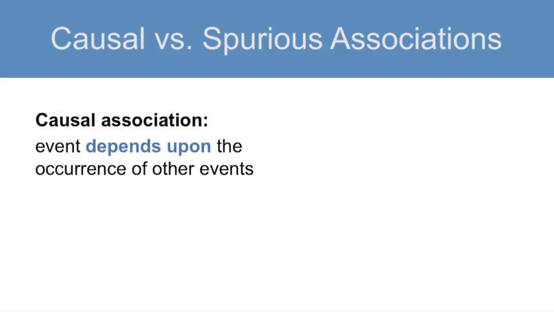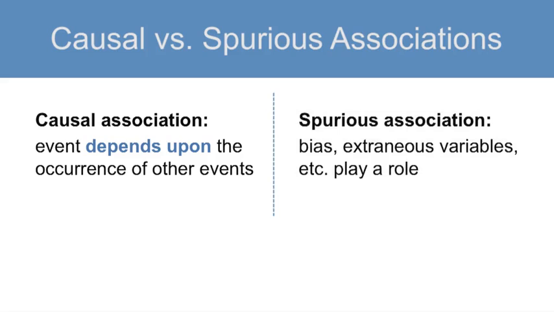When you have a causal association, it means that the occurrence of an event depends upon the occurrence of one or more other events. The event will not happen unless the other events or variables have occurred. When you have a spurious association, it means that bias, failure to control for extraneous variables, such as when there is confounding, misapplied statistics or models, etc., have played a role.